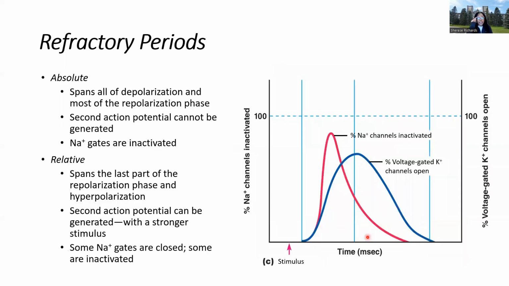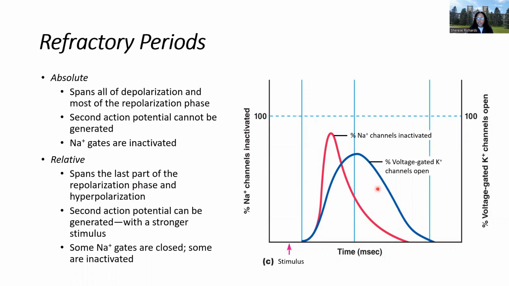All right, so again, looking at the absolute refractory period, it spans the entirety of depolarization and repolarization. So this entire period here, immediately surrounding the events of the action potential, the sodium inactivation gates are closed, and so it's impossible for another action potential to occur.